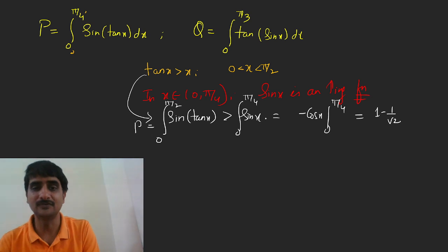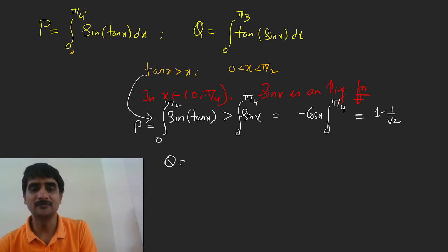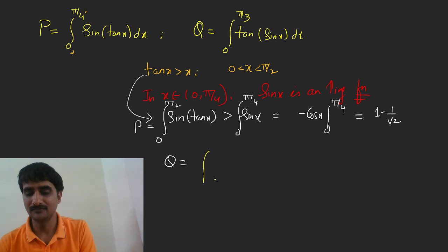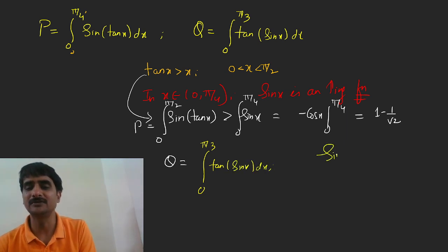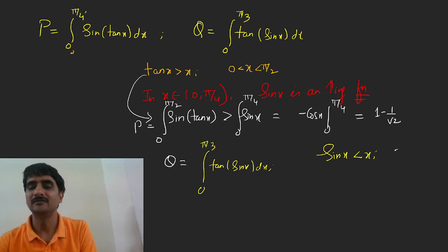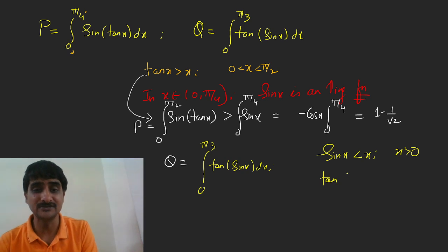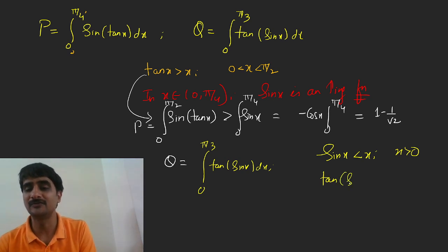Of course we need to get it for Q also. Now Q is what? Q is tan of sin x, from 0 to pi by 3. Applying the same logic here, but here what happens is sin x is less than x when x is greater than 0. Tan again is an increasing function in the interval 0 to pi by 3, so tan of sin x is less than tan x.